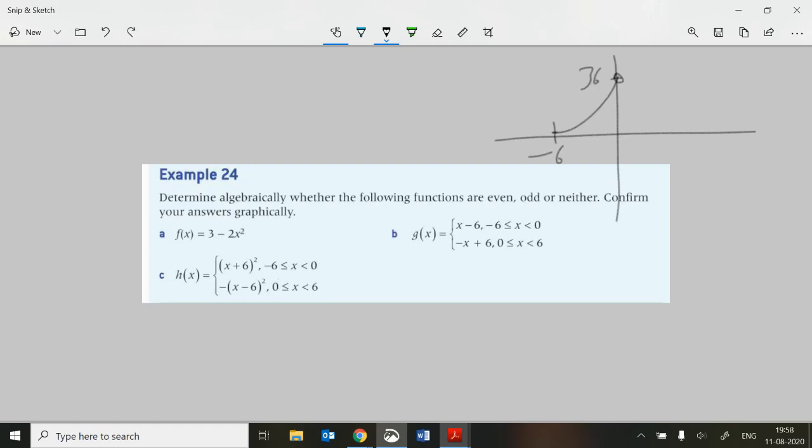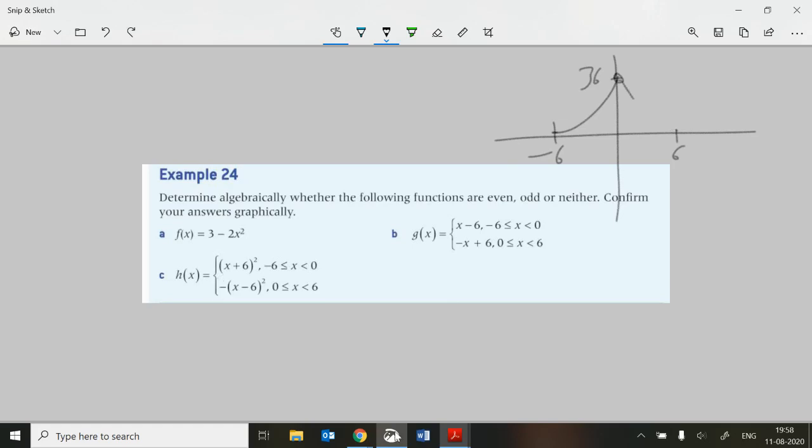Now, for the next one, we see that we've got x minus 6, so this is a shift or translation forwards in the x direction by 6 units for the x squared graph. So there's a repeated root at 6, and so we've got a function which was going to be something like this until they put a negative in front of it as well.